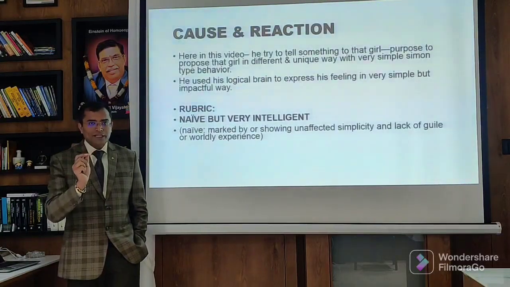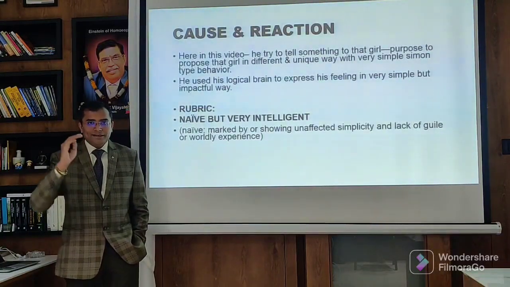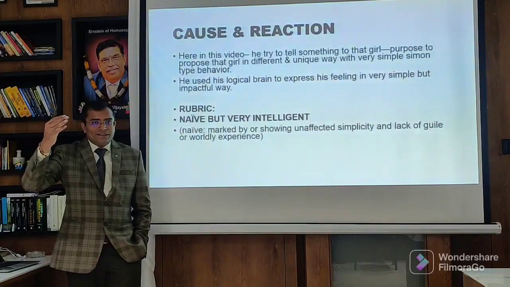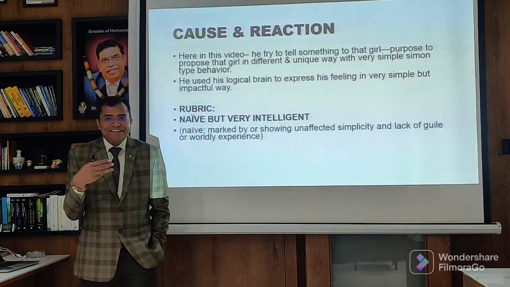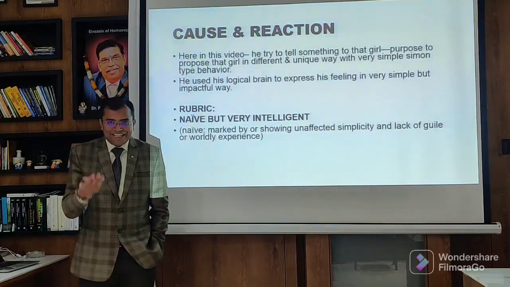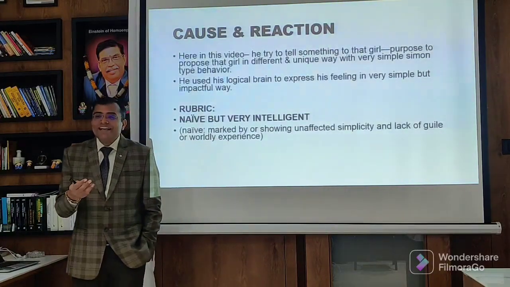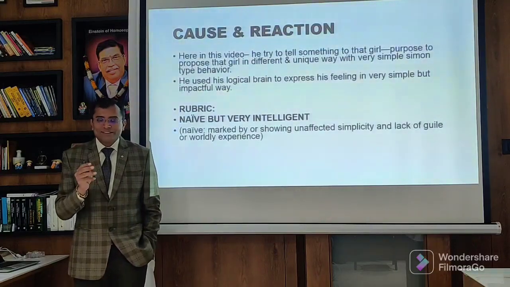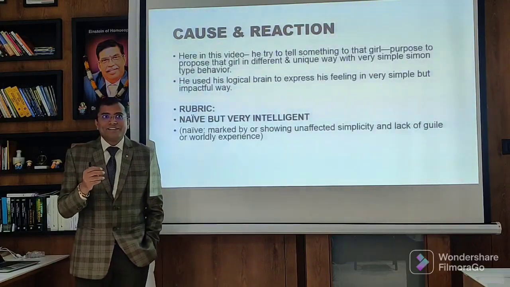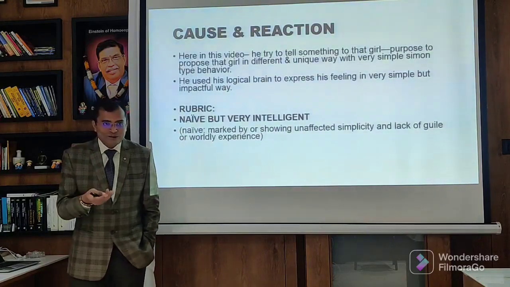He said very plainly that in the future, if God wills, if Shiv ji wills, we will have a child. So that lady was shocked or surprised. The expression on the face was surprise as well as shock.